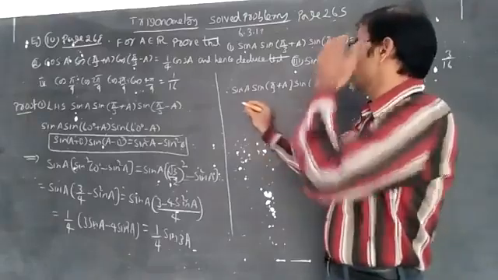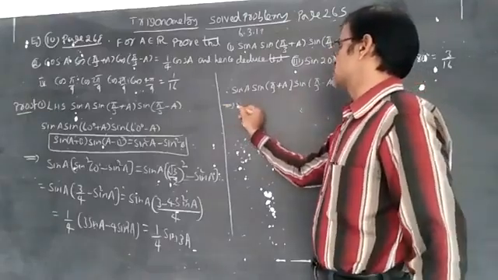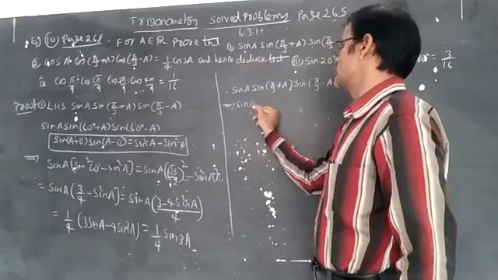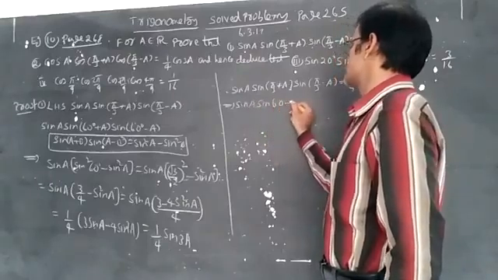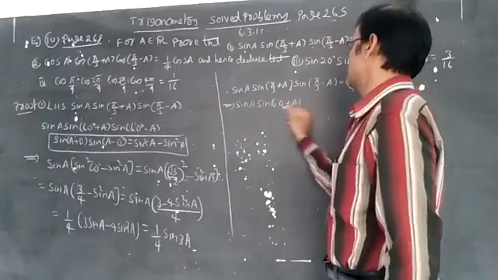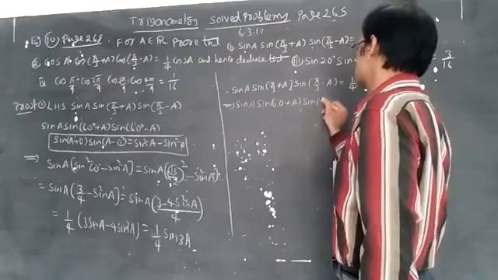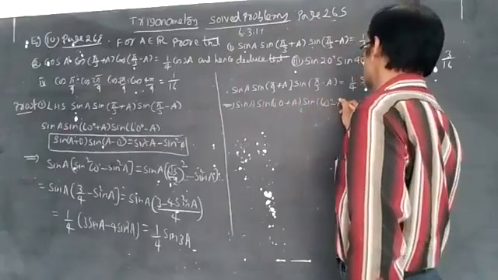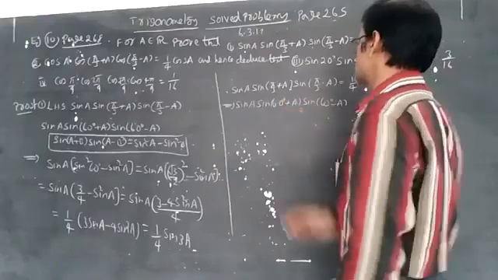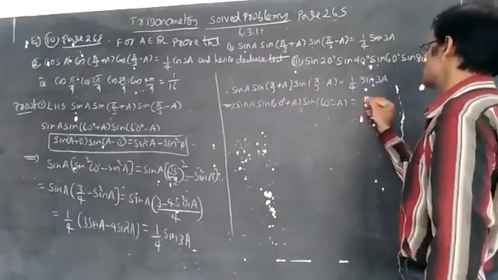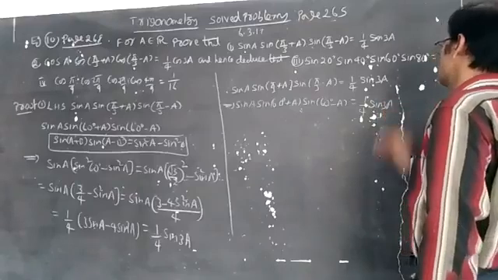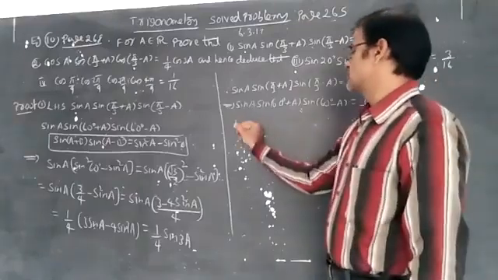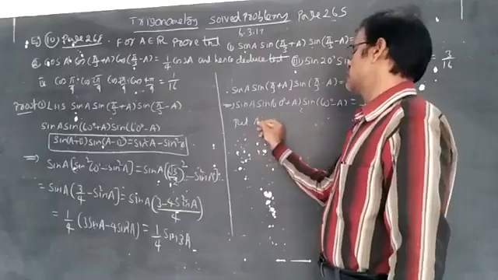Now I am writing it as sin A into sin of 60 plus A into sin of 60 minus A is equal to 1 by 4 sin 3A. Here put A equal to 20 degrees.